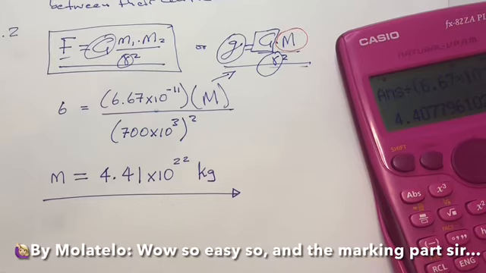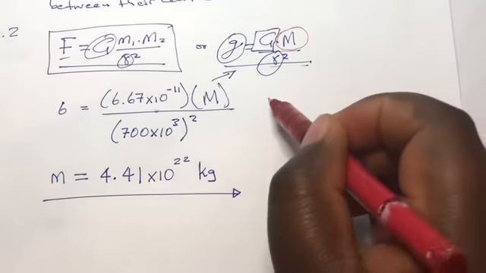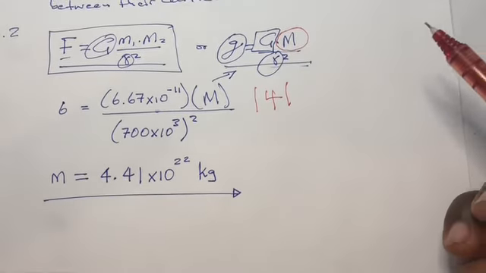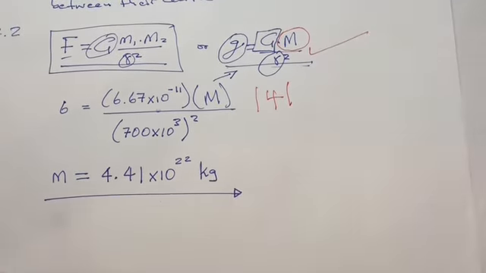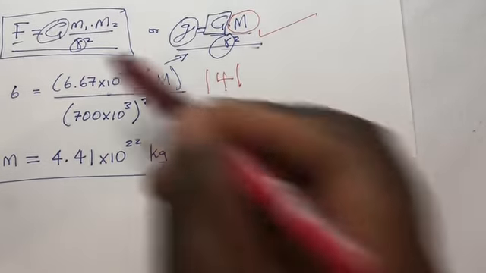So now we'll quickly mark the question, and remember this question is allocated 4 marks. We give you 1 mark for writing the correct formula, and the second mark you get for correct substitution.